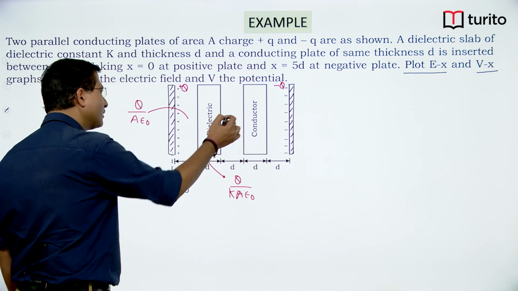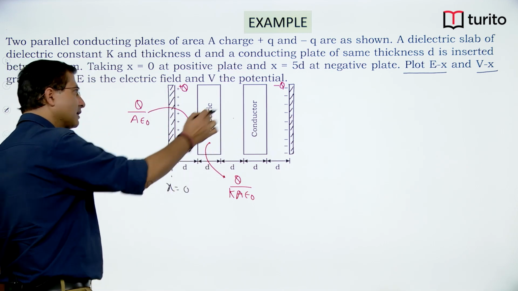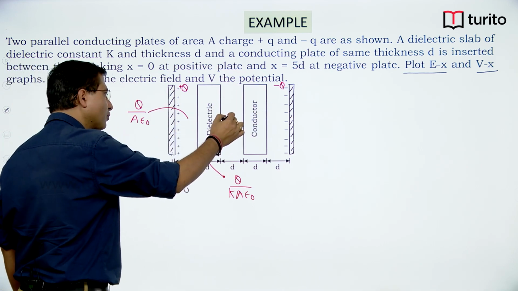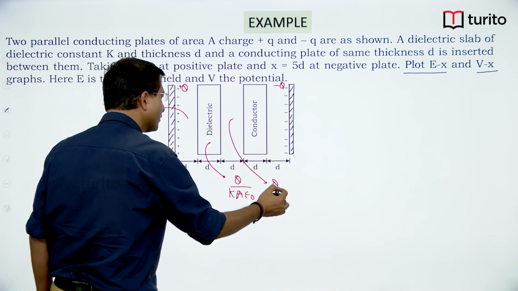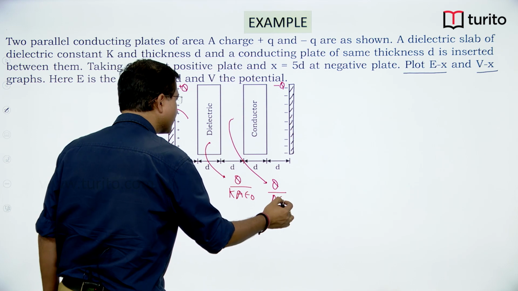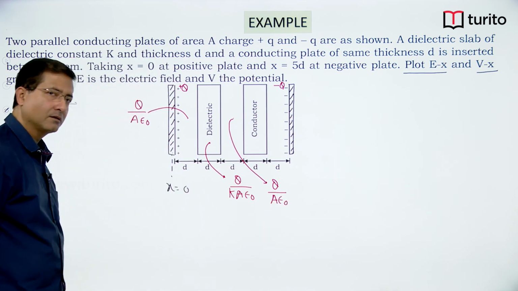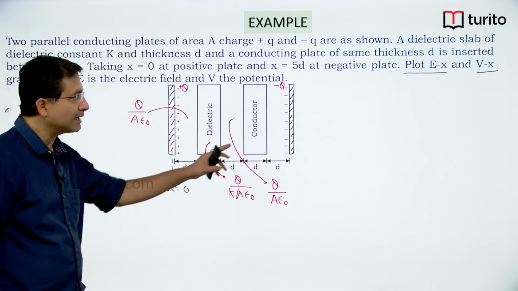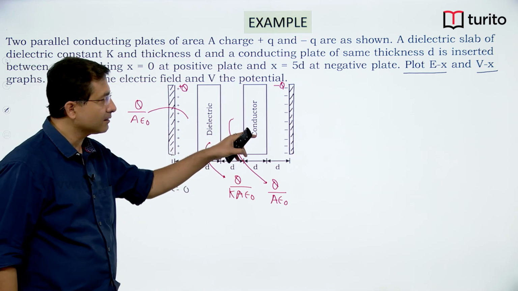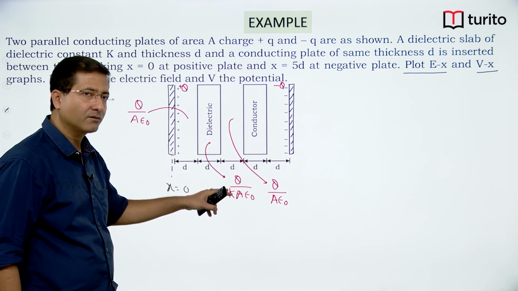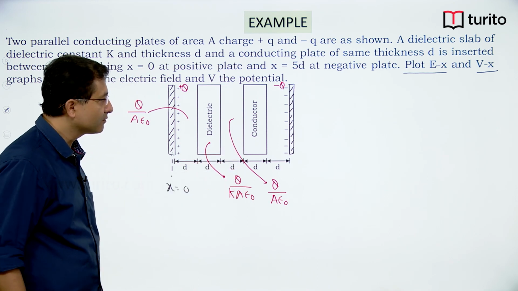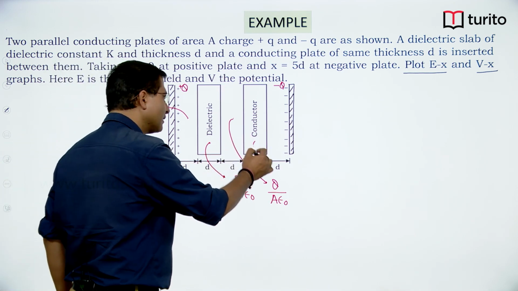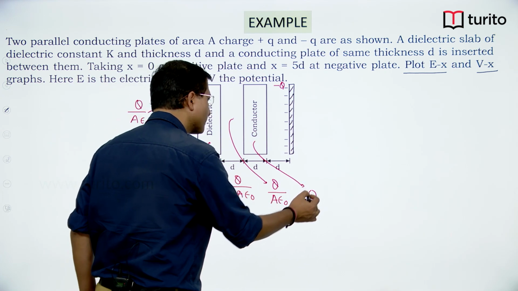Again at this particular point, these charges will produce field q upon A epsilon naught. So, here field is q upon A epsilon naught, right. Inside the conductor, because for a conductor we have dielectric constant infinity, if I write k is equal to infinity, this value will become 0. So, field here will be 0, right.